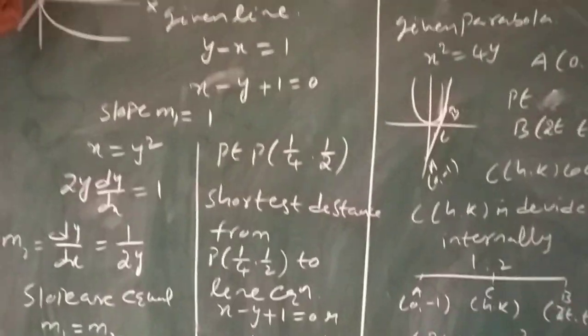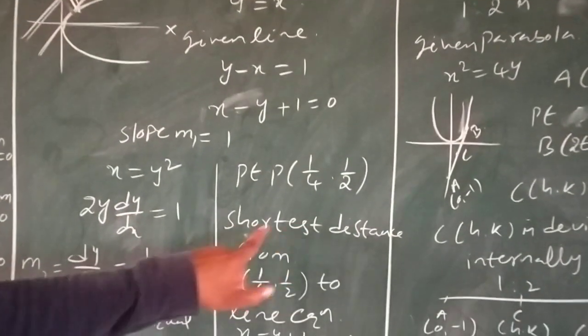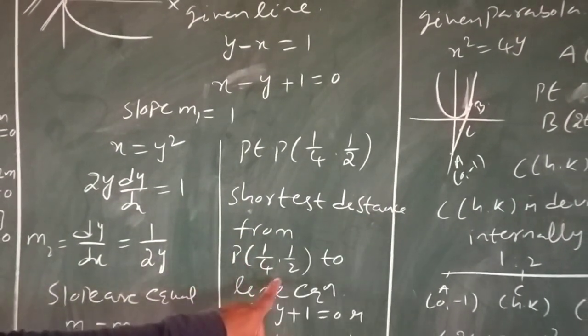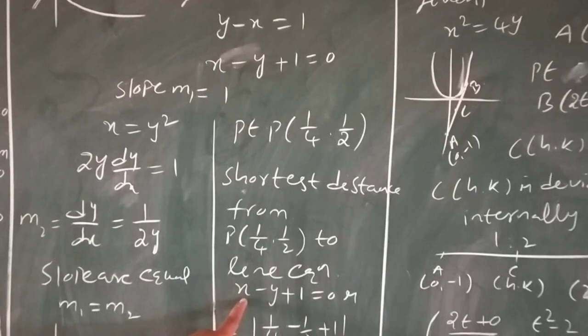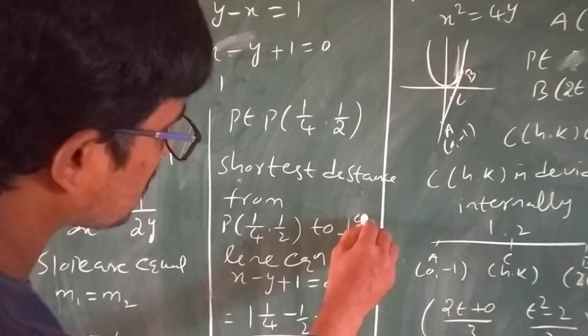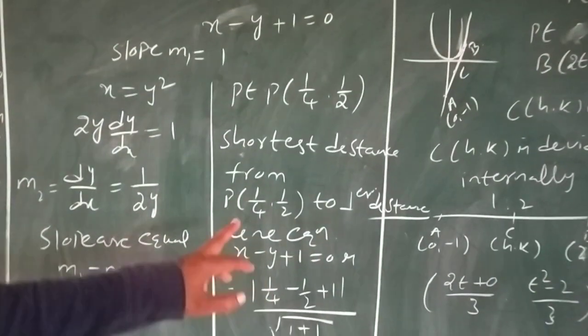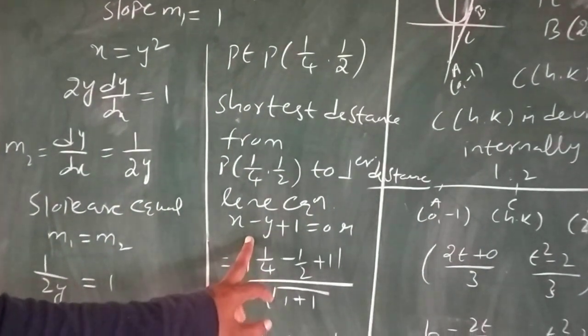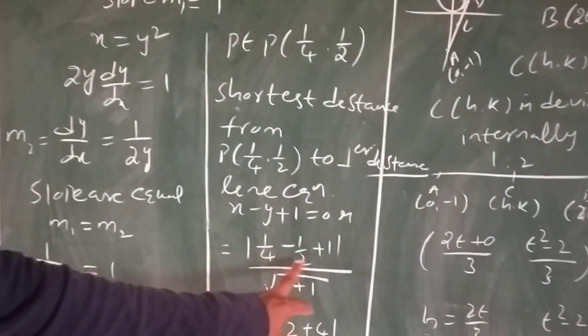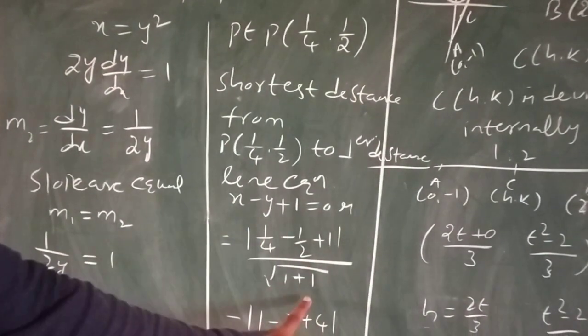The shortest distance from the point P (1 by 4, 1 by 2) to the line is the perpendicular distance. Using the formula, |1 by 4 minus 1 by 2 plus 1| divided by root of 1 plus 1, which is root 2.